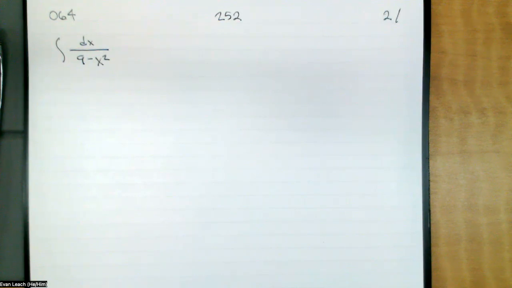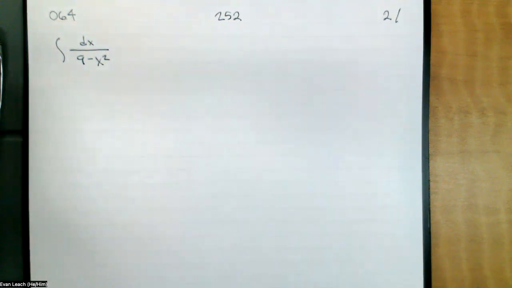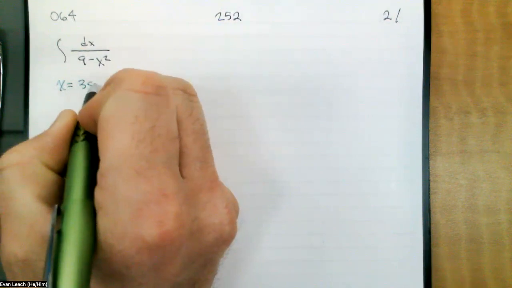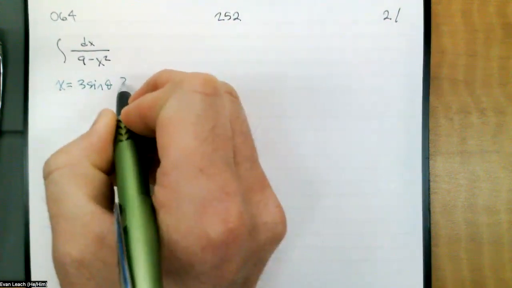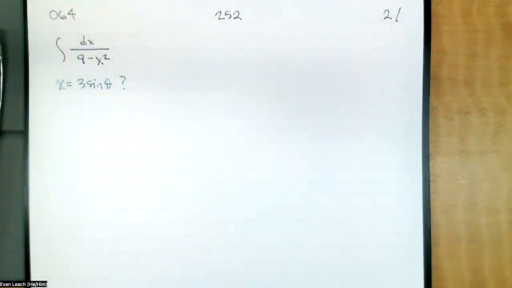Why are we not going to use sine case of trigonometric substitution? Obviously, it's a squared minus x squared. We should use a sine case of trigonometric substitution, right?